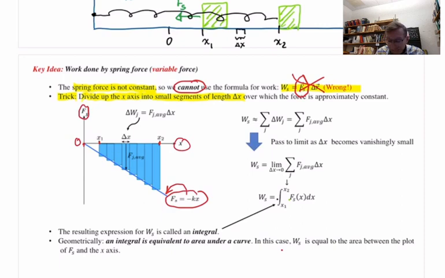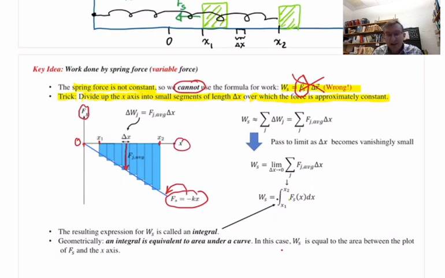We will assume over each length delta x that the spring force is approximately constant. And so we will assume it's constant. So I show that for this one rectangle, delta x, by showing this downward arrow saying that's the average spring force value over that interval delta x.